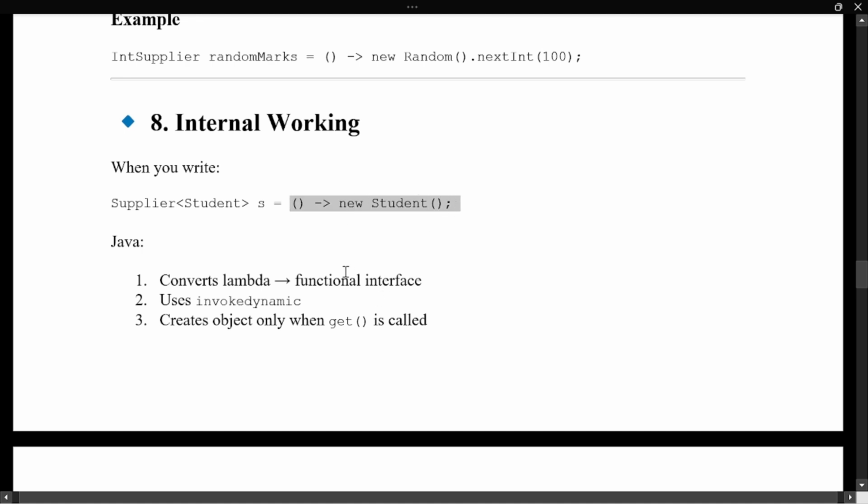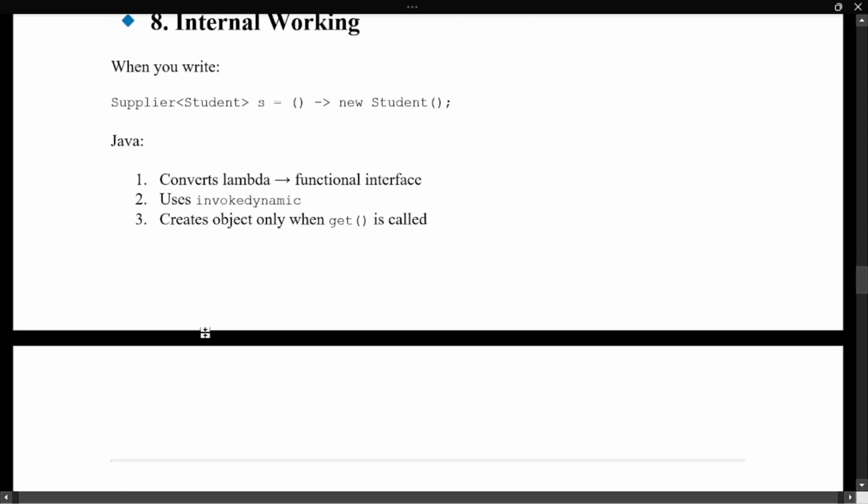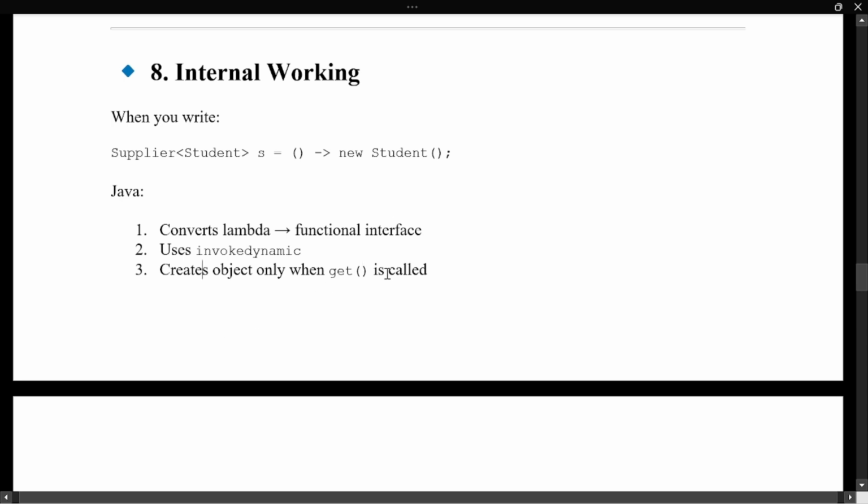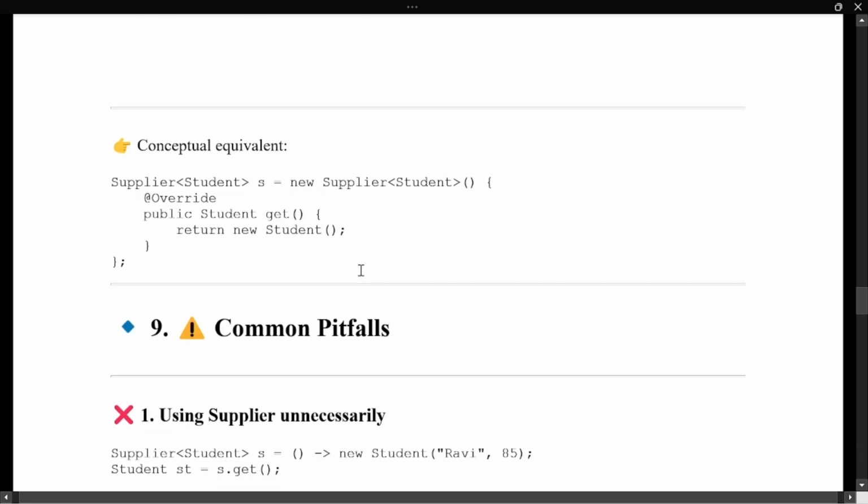It internally uses the get method available in the supplier functional interface. So it uses invoke dynamic. So it creates the object only when get is called. When we invoke the get method, then only it creates the object.